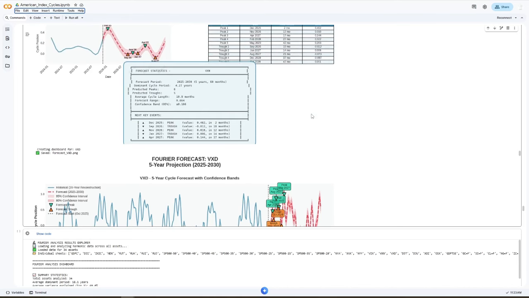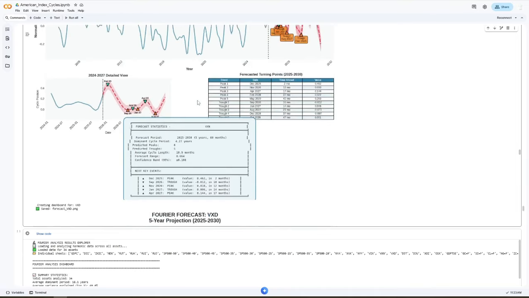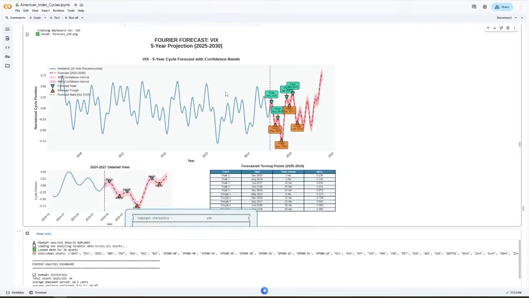This VXD, it's probably associated with some index. Let me double check for you, one second. I don't know every ticker. Okay, so the VXD is the volatility index for the Dow, and the VXN is the volatility index for the NASDAQ. So we have the volatility index peaking at the top of the cycle in December 2025.